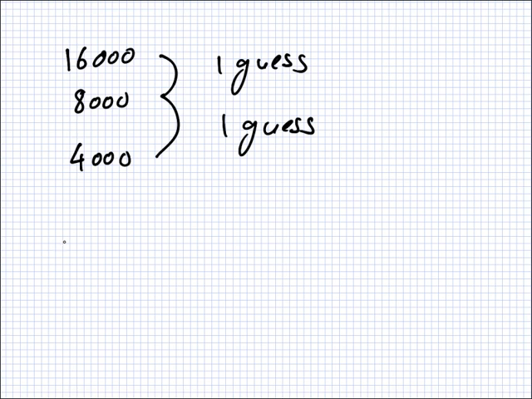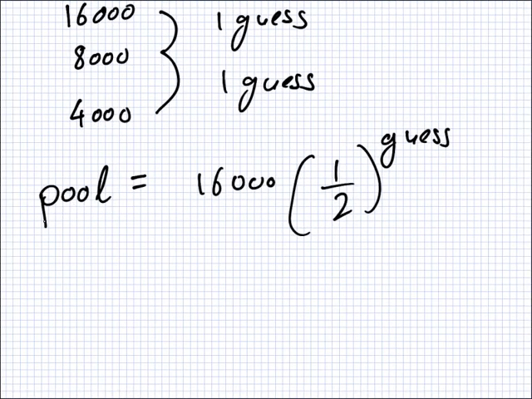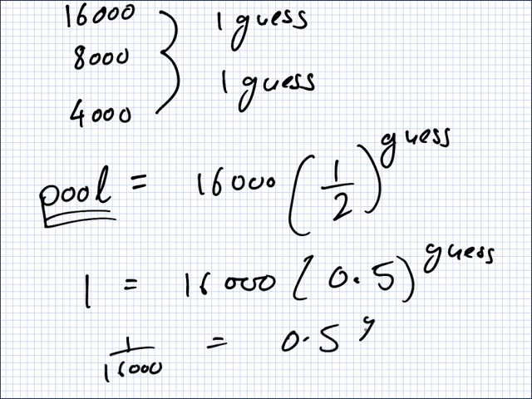So what's happening is the number in the pool is going to be 16,000 times 1 over 2 to the power of the number of guesses you make. What do we want this number to be in the end? 1. We want to narrow it down so there's only one possible word left. So 1 equals 16,000 times 0.5 to the power of guesses. So 1 over 16,000 equals 0.5 to the power of guesses.